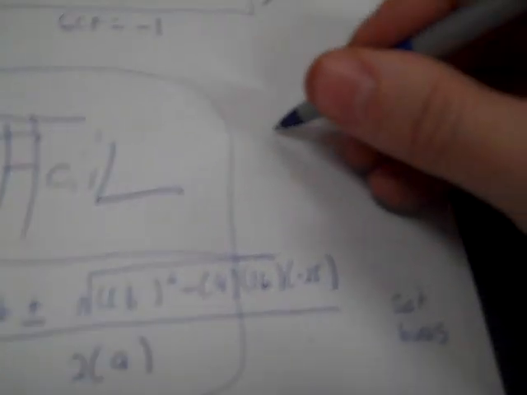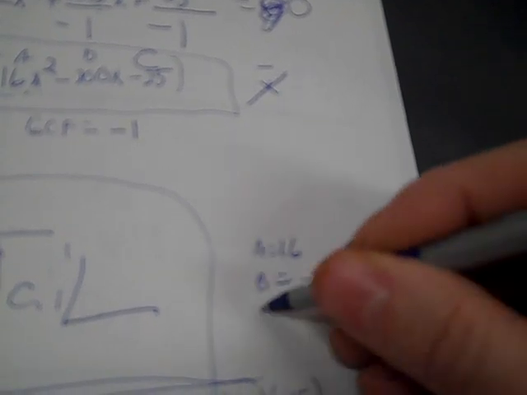Opposite of B, plus or minus the square root, double parentheses, B to the second, minus 4, A is 16, C is -25, divided by 2A, okay? So A is 16, because we're up here now. B is -700, and C is -25.